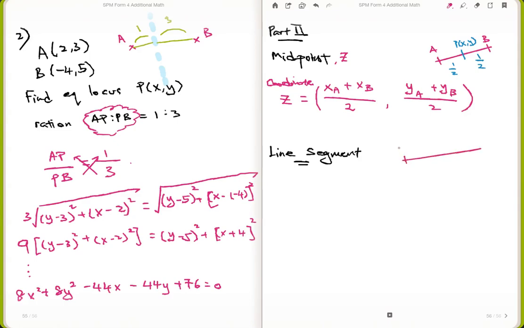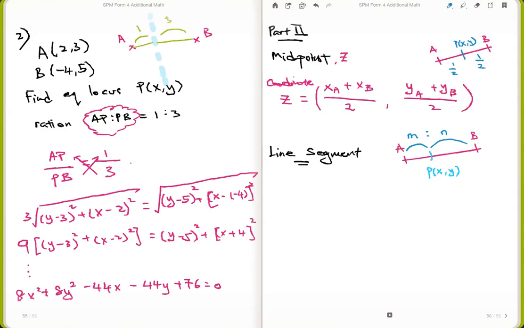If you are given a point A and point B, and there's another point, maybe here, point P, x, y. And the AP to PB ratio, A to P, P to B ratio, is maybe M to N ratio.